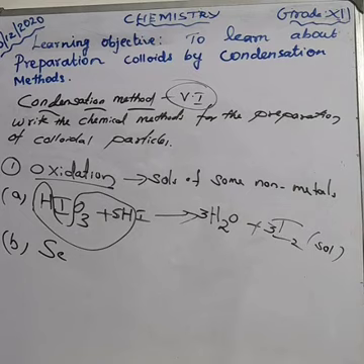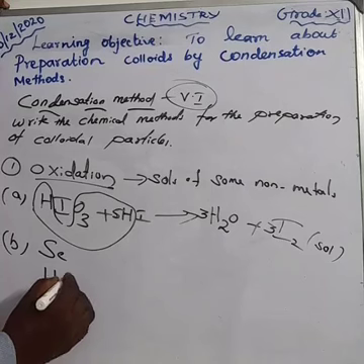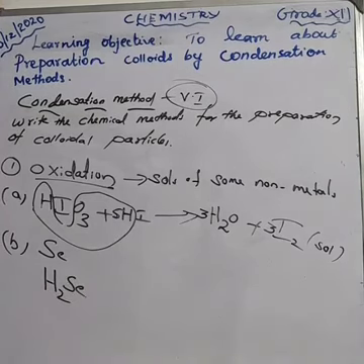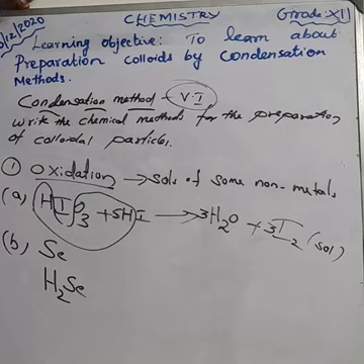That's the question. What is the formula for hydrogen selenium? That is H2Se. When oxygen is passed through hydrogen selenium, we get a selenium salt.